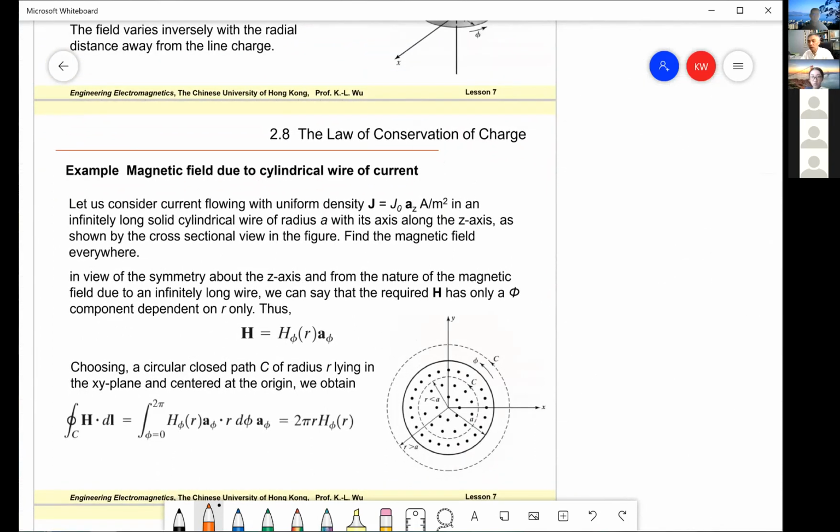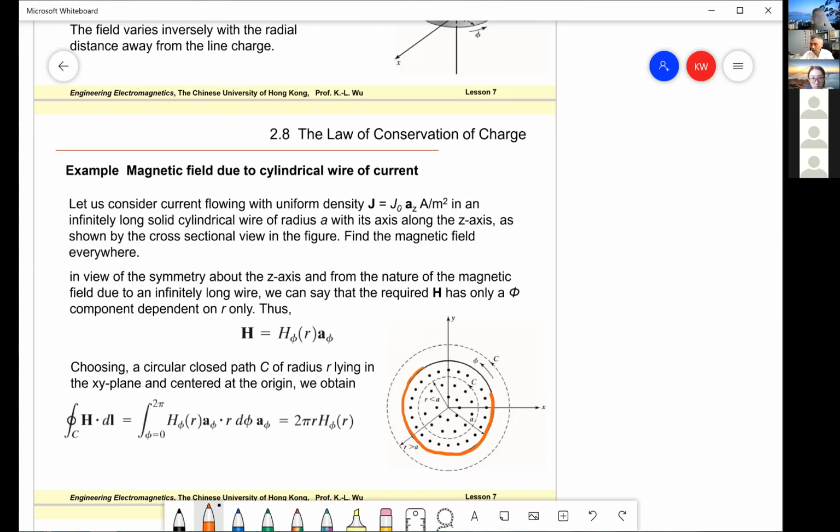Also, we can use Gauss's law to find the magnetic field. Let's say we have a problem where we have a conductor.